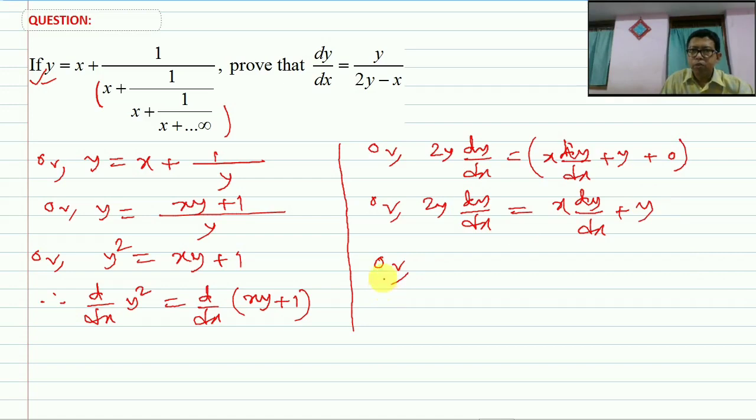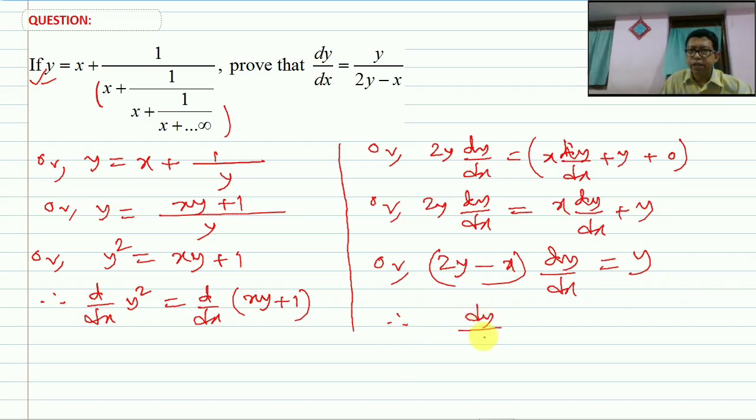The dy/dx terms will be taken on the left, so (2y minus x) into dy/dx is equal to y. Transfer the 2y minus x to the right: dy/dx is equal to y divided by 2y minus x.